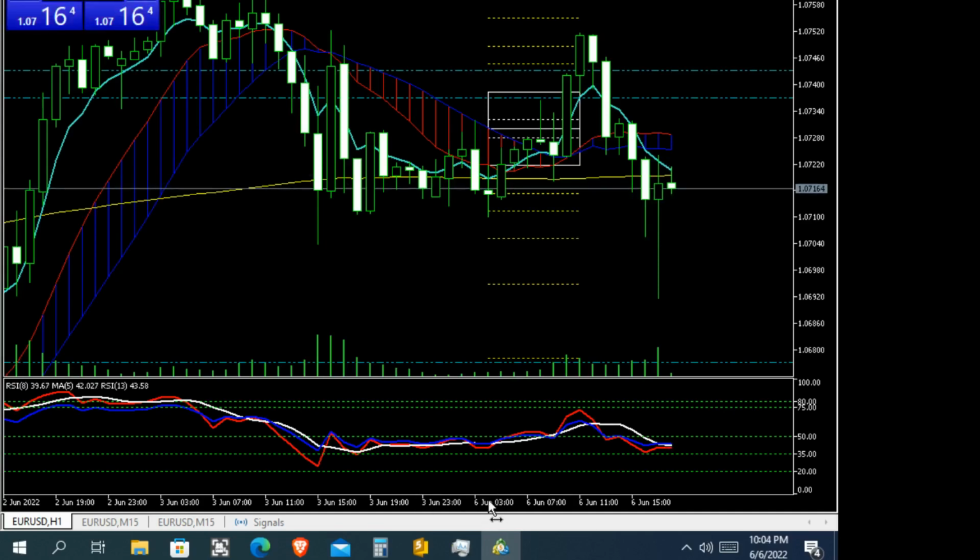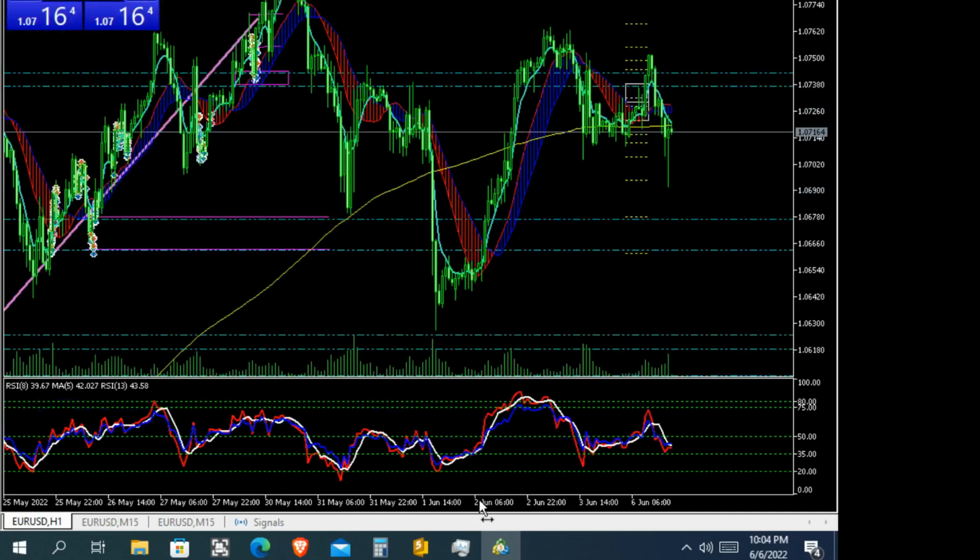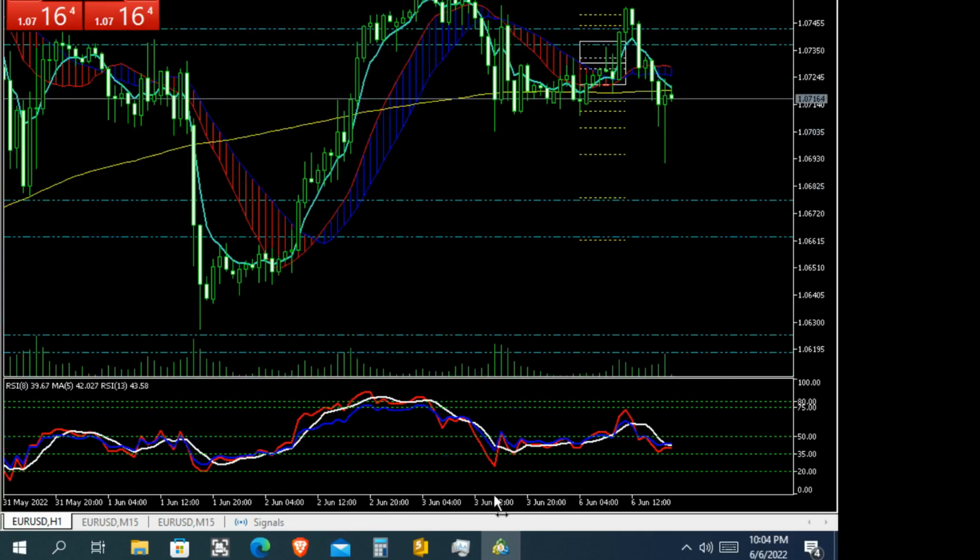So I take a look at this and try to get a feel for where the market is right now, based on where it's been in previous days. You can see all the way back to May 31st. Today is June 6th. So I'm getting a view of what the market is doing. I can see that the market came up, hit this high, and turned around.